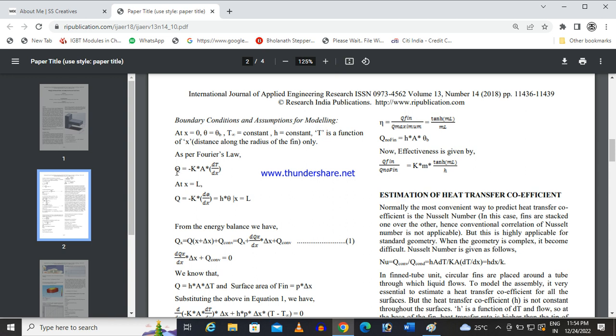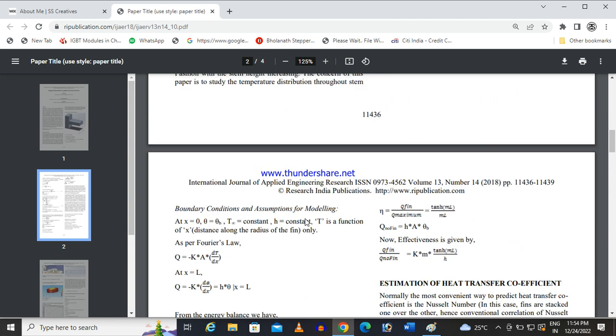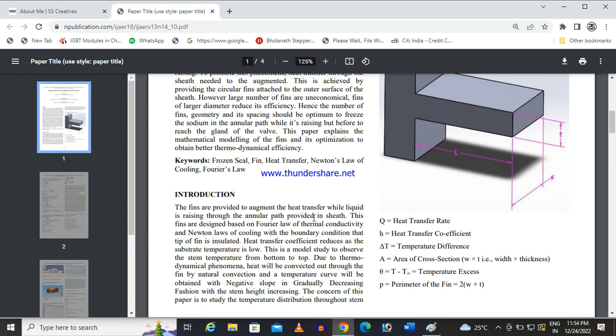So as per Fourier's law, your Q is equal to minus K dT by dx. So at X is equal to L, how much it is conducted here.